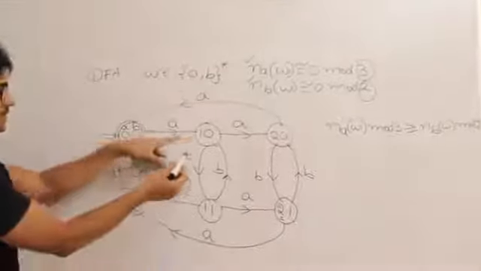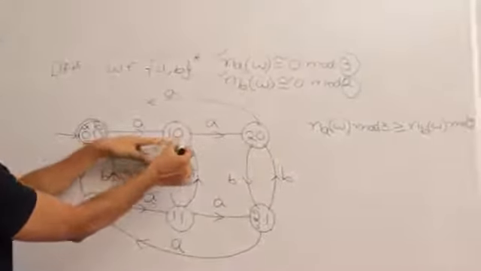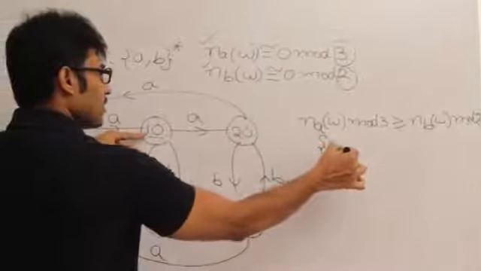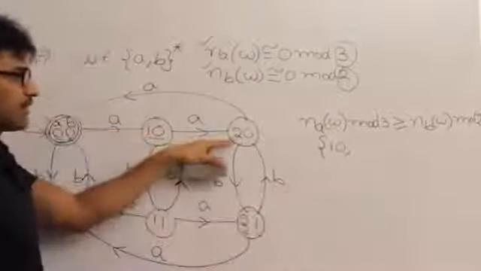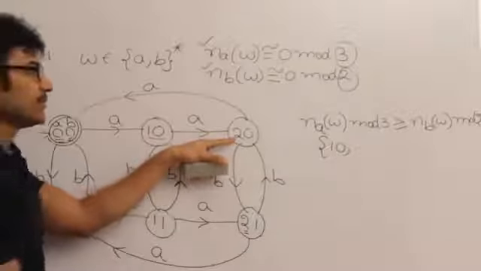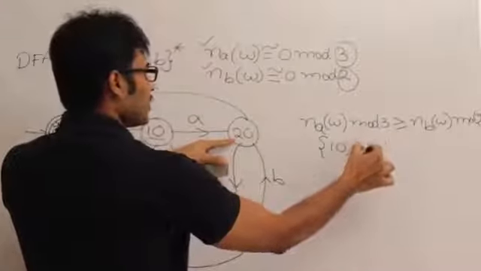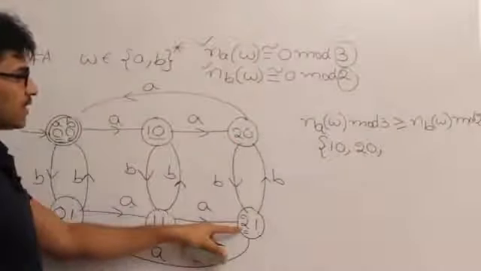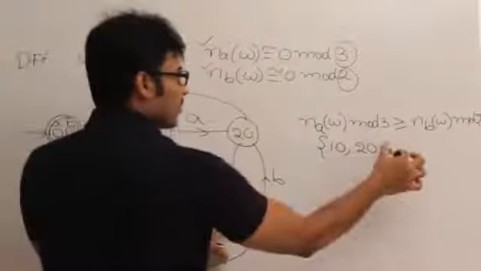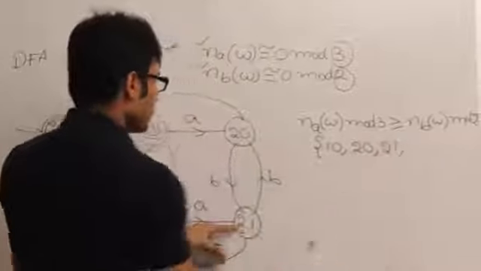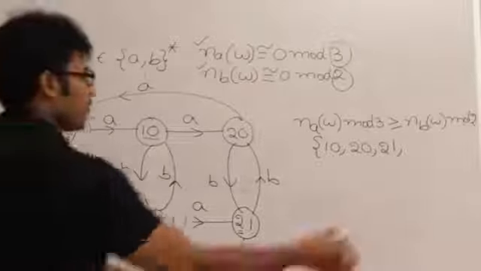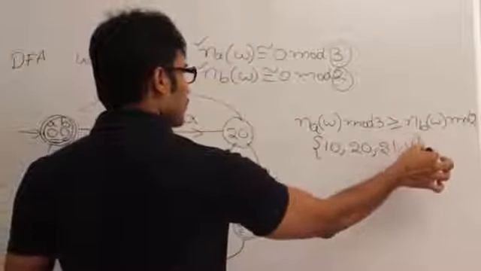See, this is the state in which A's are greater than B's taken mod 3 and mod 2. Therefore the final state has to be 1, 0, and this is the state in which A's are greater than B's, which means 2, 0 is the final state, and this is the state in which A's are greater than B's, so 2, 1 is the final state, and this is the state in which both are equal. Therefore 1, 1 is also going to be the final state.